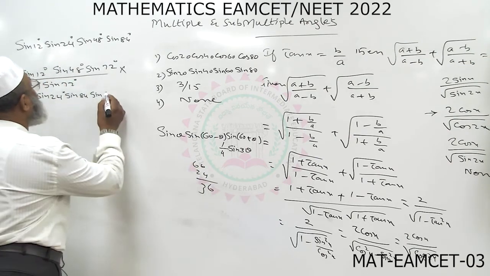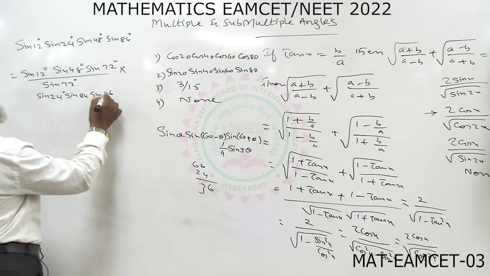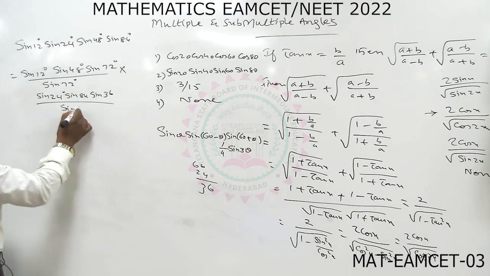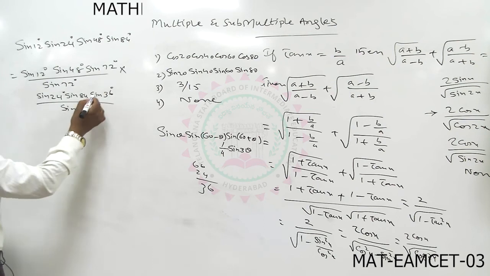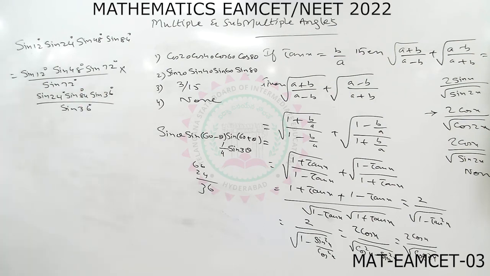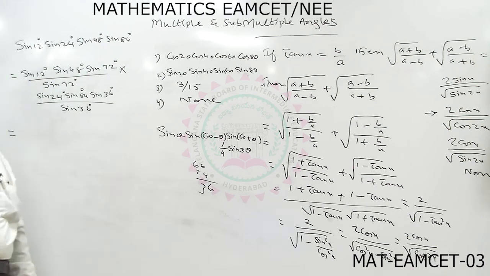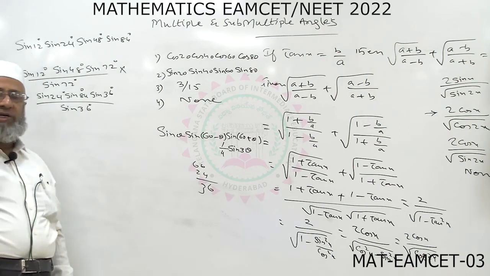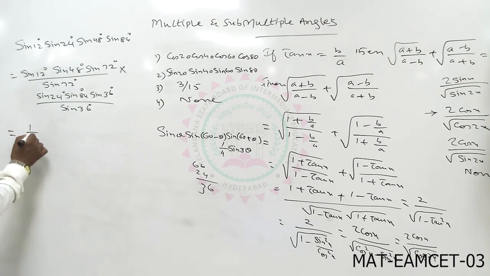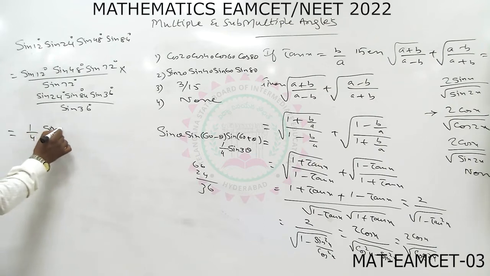That is sin of 36. So, I have to multiply and divide by sin 36 for the second term, isn't it? Now, if you see this with the standard form, it comes in the form of 1 by 4 sin 3 theta. Therefore, for the first part, I am writing 1 by 4 sin 3 theta.